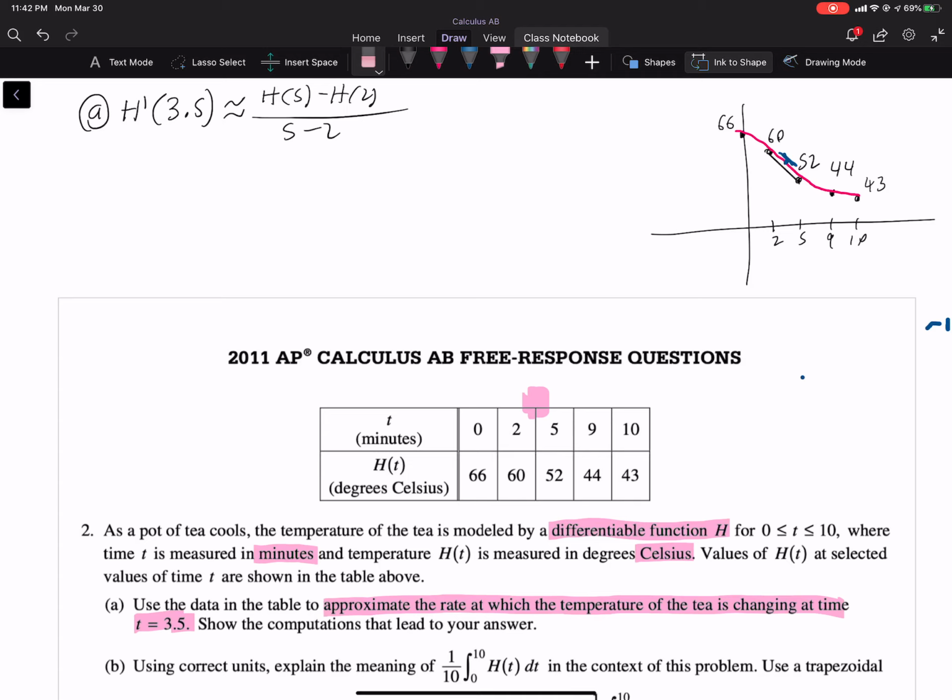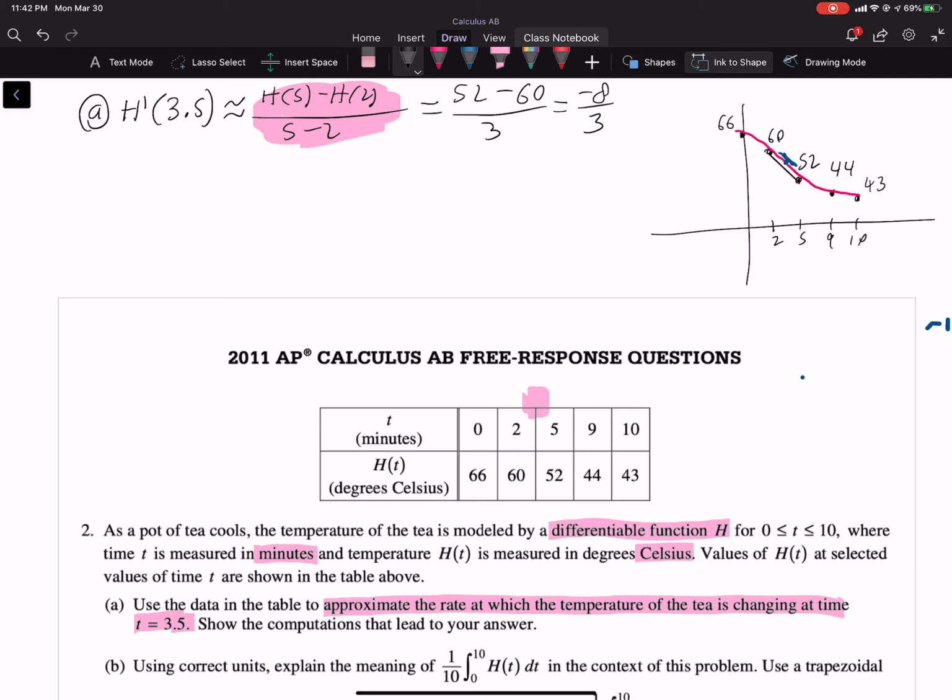And again, I require this step because you need to show me where the numbers are coming from, not appearing magically. H of 5, you can replace that with 52. H of 2 is 60. That comes out to be negative 8 over 3. So that'll be your rate.